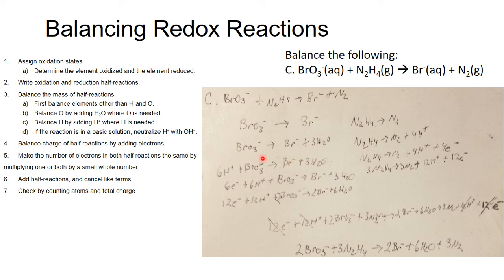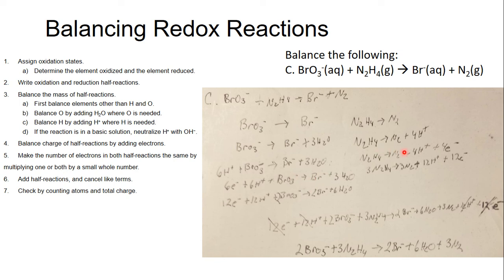So I need the charges to be the same on both sides of the equation. I'm going to do that by adding 6 electrons to the left side. So 6 -1 charges for my electrons plus 6 +1 for my hydrogens. These cancel out because those are both 6 but opposite sign. I'm left with a minus charge and a minus charge.